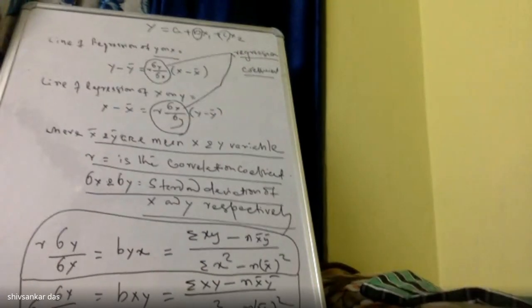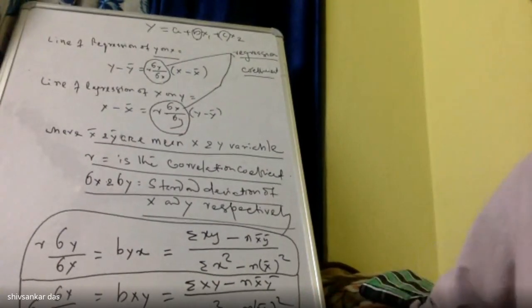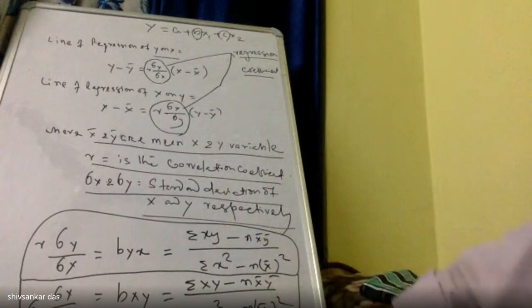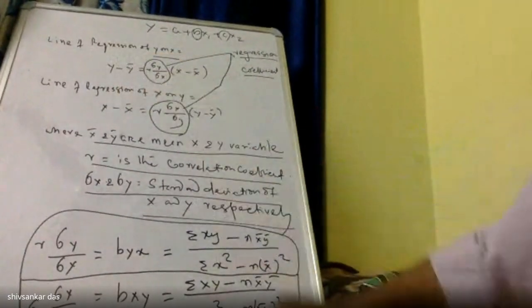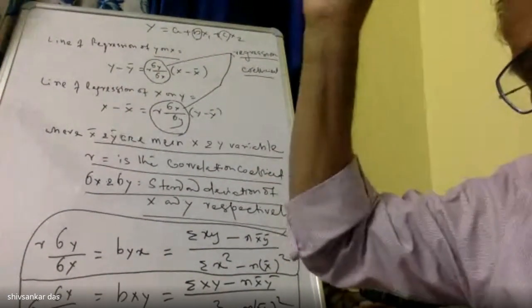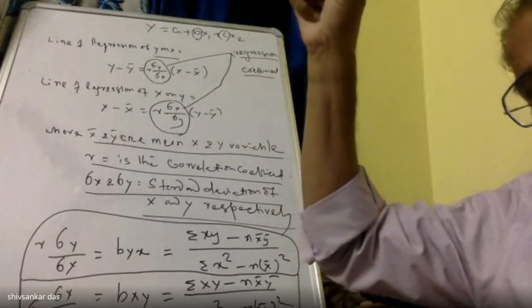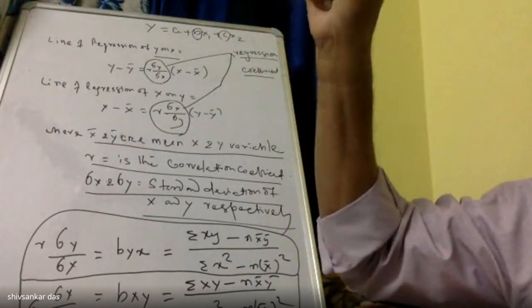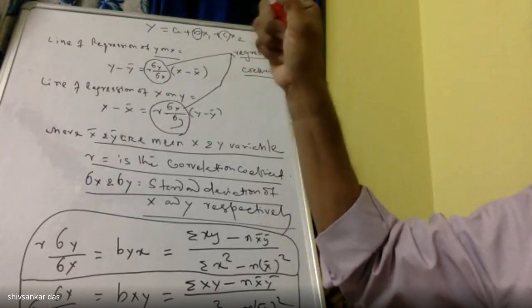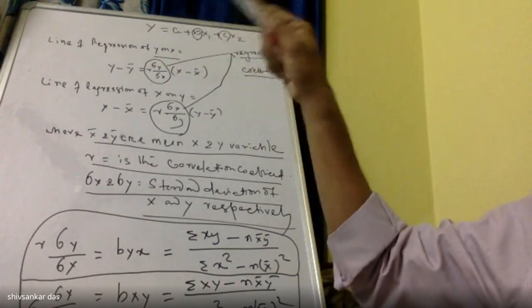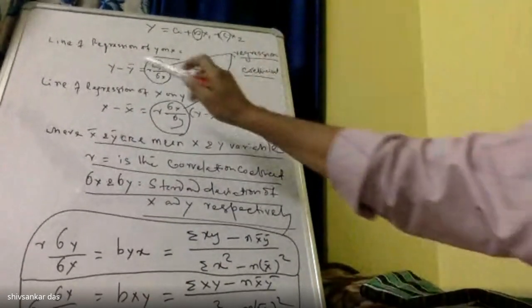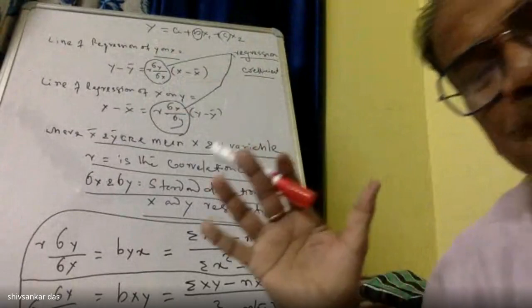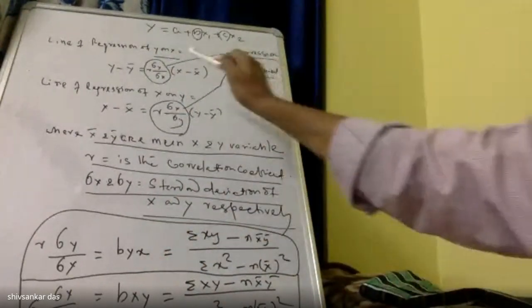Here on the whiteboard, I have written the line of regression. I have written y, milk production, is equal to a plus bx plus cx plus dx, etc. Here I have squeezed it a little.